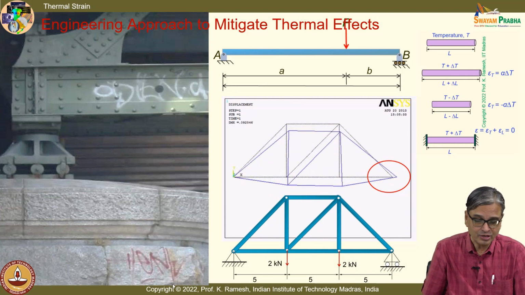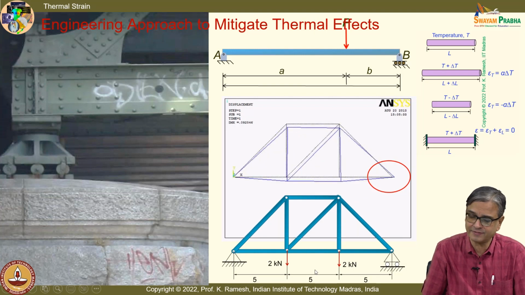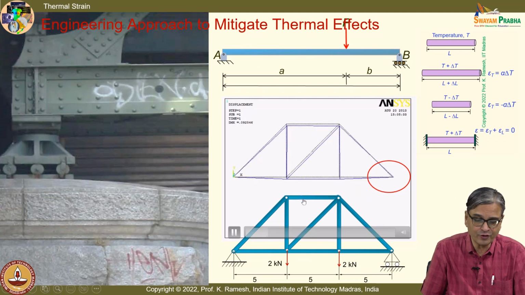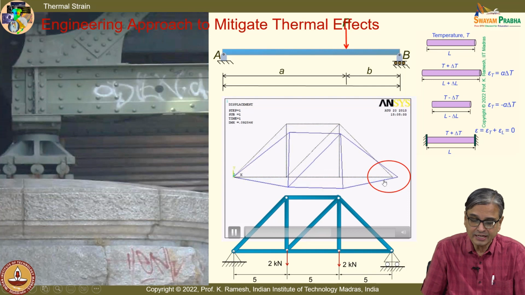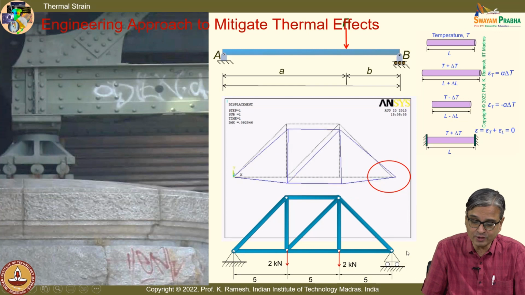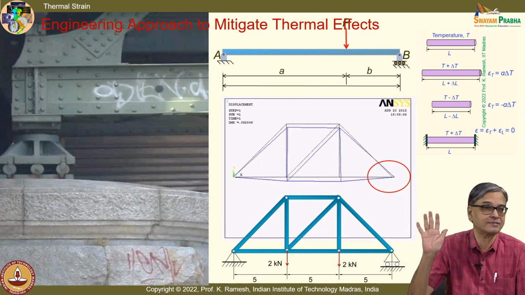And I have also shown in the previous class that you have analyzed the truss when it is subjected to loads. It is an exaggerated deformation, and look at this edge. This edge is moving this way and you have provided a roller, so you allow the expansion to take place.